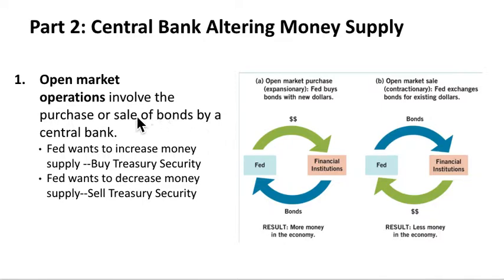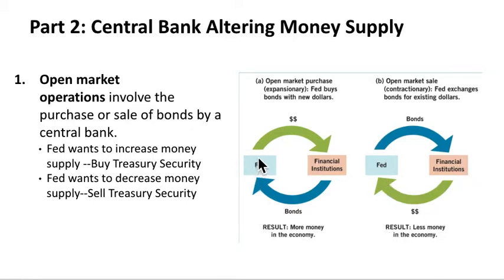So when the Fed wants to increase the money supply, so they want to give money to financial institutions, they are buying those treasury bonds. So they are actually loaning out money to other people to increase the money supply. And then when the Fed wants to take money away from the money supply, wants to shift that inelastic supply curve to the left, then they're going to actually sell treasury bonds and take that money in themselves.